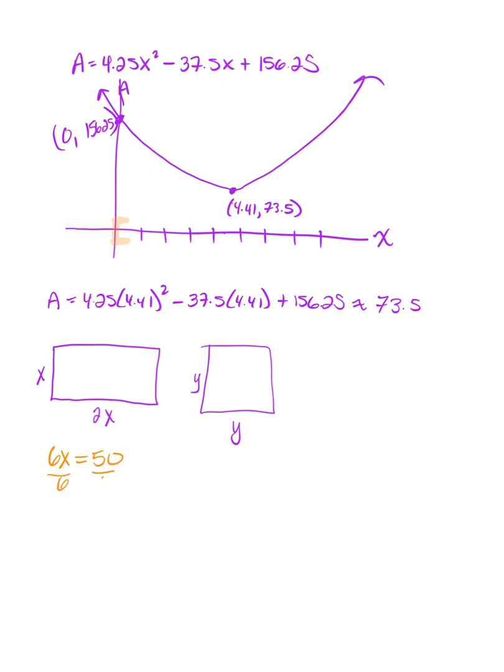Divide by 6, and I get x is 8.33. So that's the largest that x can be. So I'm going to put a little mark on my x-axis at 8.33. 3, 4, 5, 6, 7, 8, a little bit after 8. Okay, like that.